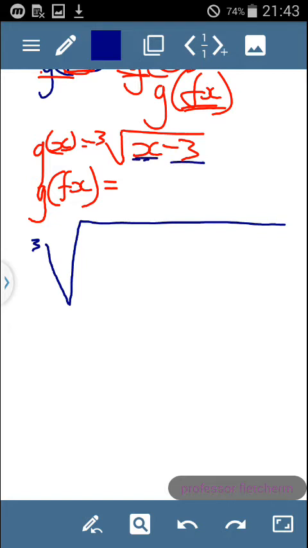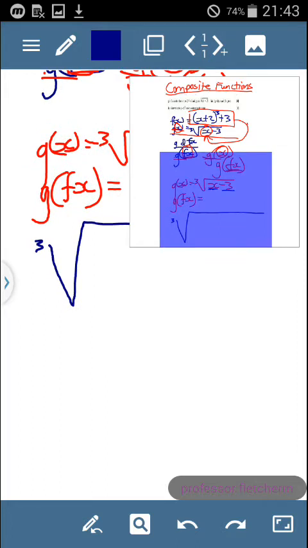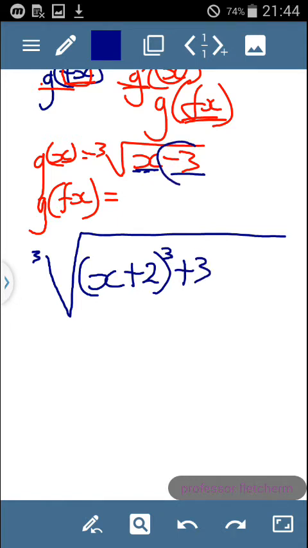So for x, we are going to substitute using f of x. What is our f of x? Our f of x is (x plus 2) cubed, then we add 3 to it, and then we subtract that 3. So as a result, this is going to give us the cube root.